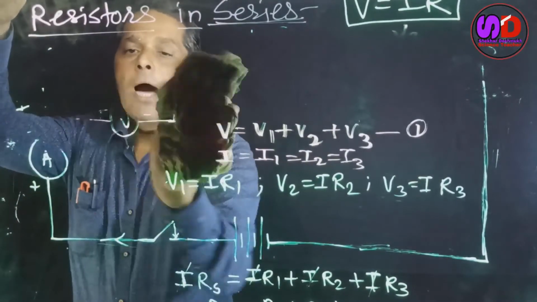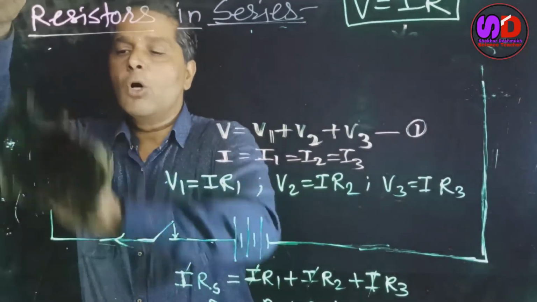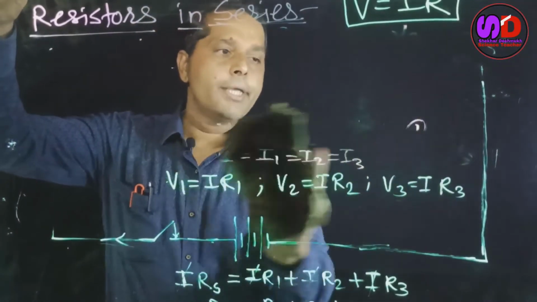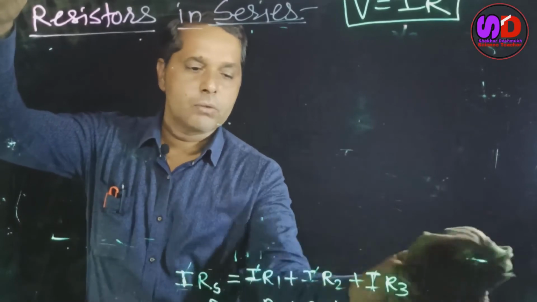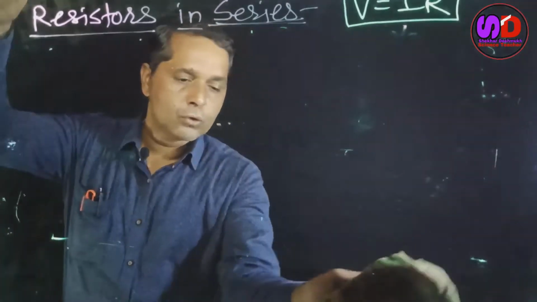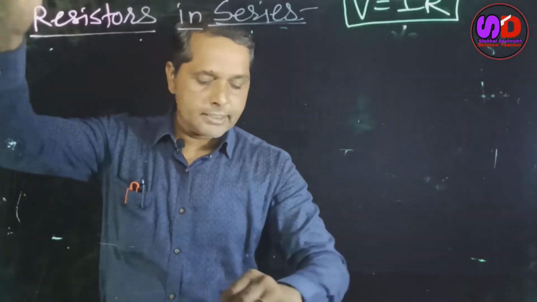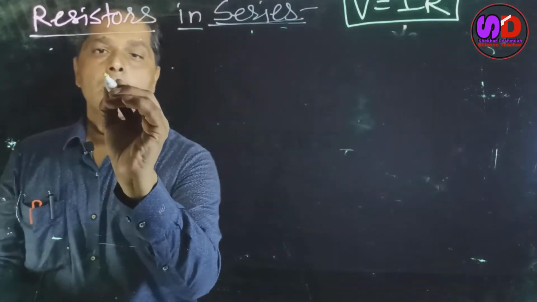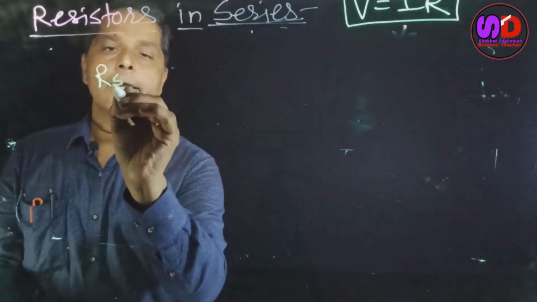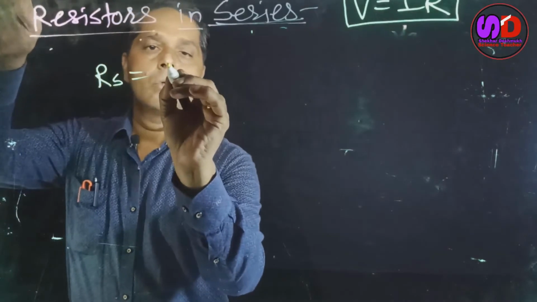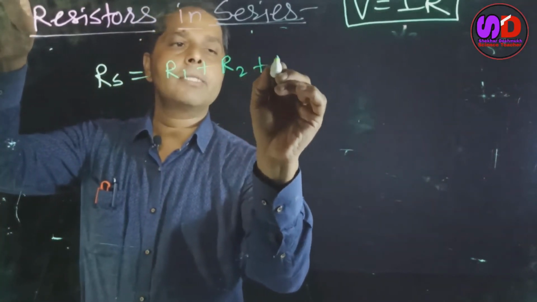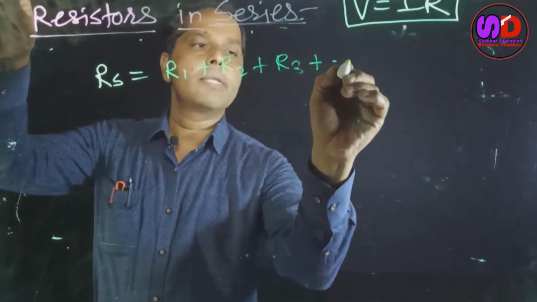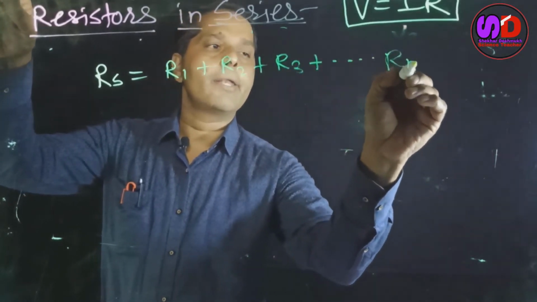So what we get in series combination, the equivalent resistance Rs, is equal to R1 plus R2 plus R3 plus dash dash dash up to Rn.